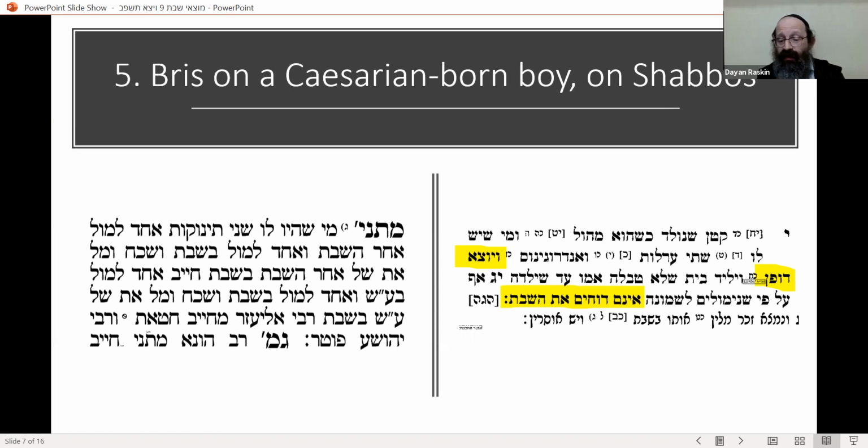And the mohel got confused, and he did the Sunday bris on Shabbos. So he is chayav. What does chayav mean? A person who violates Shabbos in error, that's called b'shogeg, has to bring a korban chatas. So when it says chayav, it means a korban chatas. We realize afterwards that he did the wrong thing, so he has to bring a korban chatas.